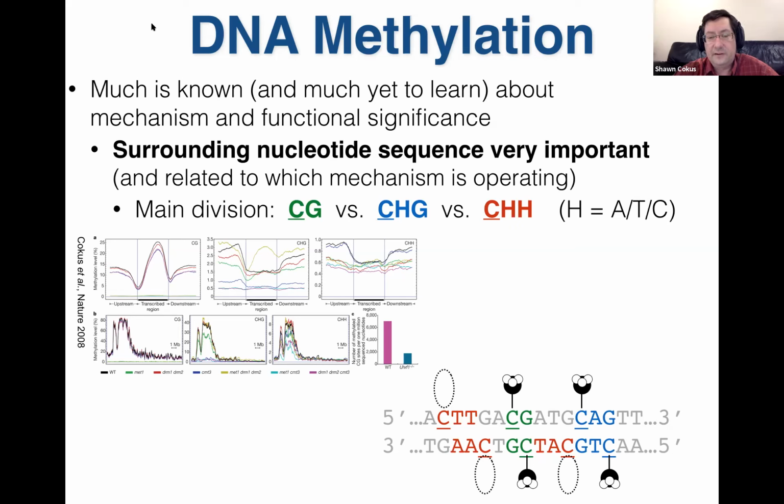And this gives a hint that yes, they are related to different mechanisms. These graphs here are from Arabidopsis, and we have various genetic knockout mutants, and the methylation levels of genes and so on are different in those mutants, and the patterns are different in those contexts.